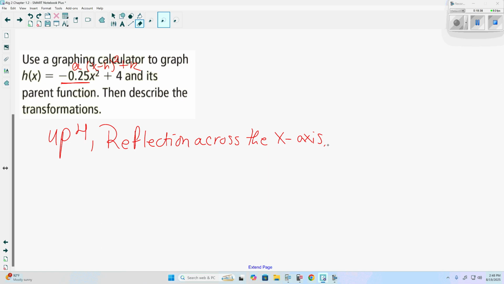But we also have a value of a of 0.25, yes? The negative tells me there's a reflection. The 0.25, a between 0 and 1, tells me there's also a vertical shrink of 0.25. So we can have both. We can have a vertical shrink or vertical stretch, depending on the number, and a reflection. Questions on this here?